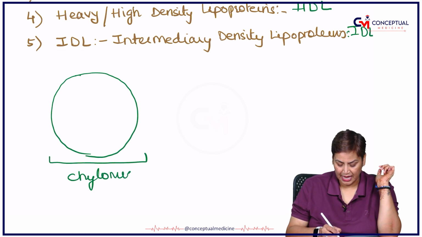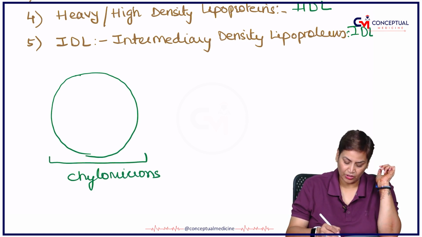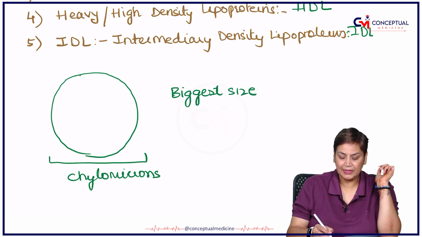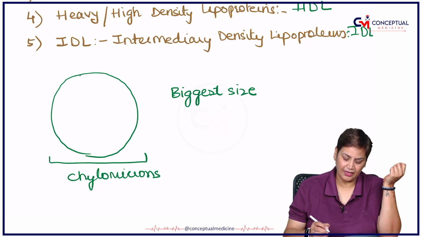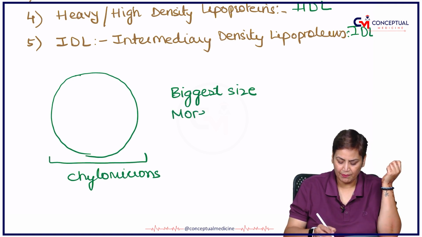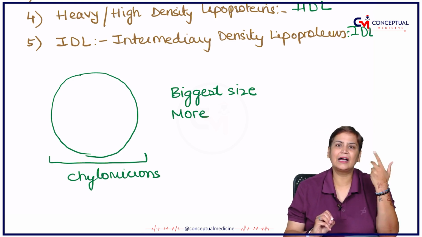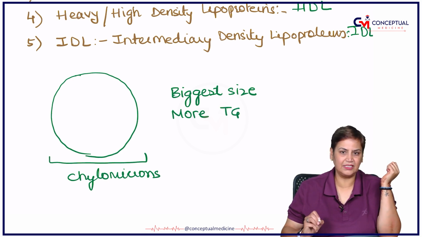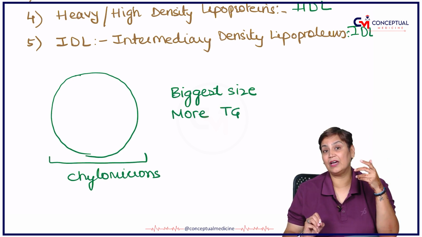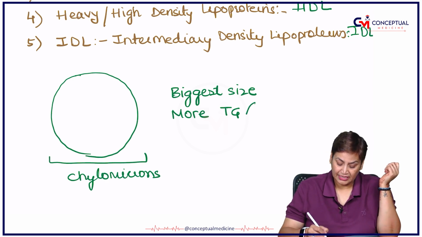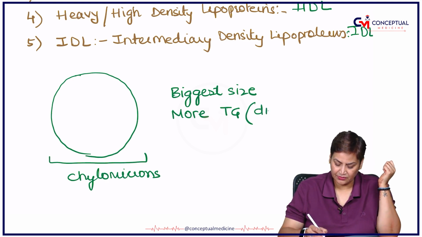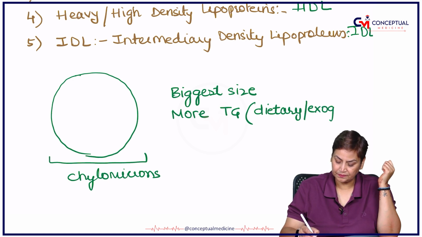If chylomicrons have the biggest size, that means they have more lipid content. I will replace lipid by the clinical terminology, TGs. So more TGs are there, and these TGs we get from the diet are known as exogenous TGs or dietary TGs.